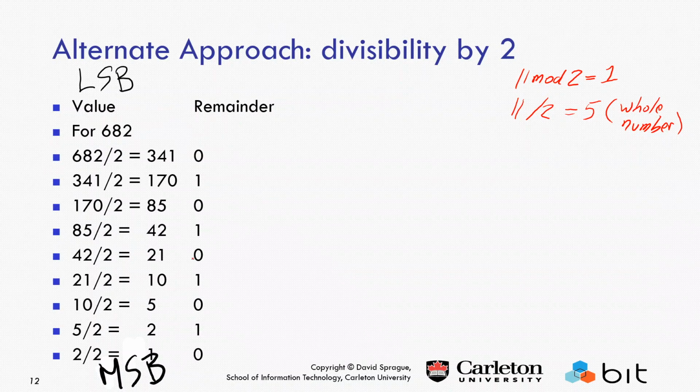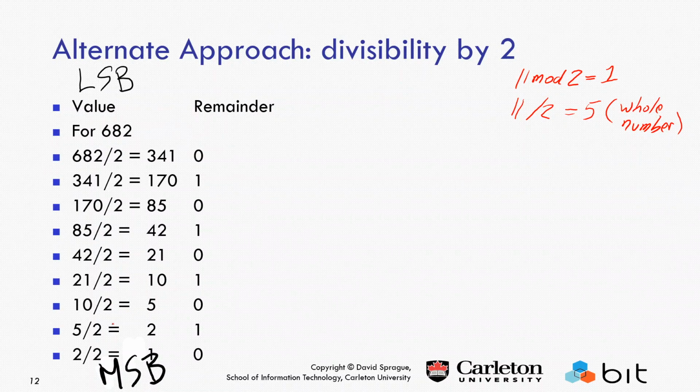21 is an odd number. It's going to give a remainder. 21 divided by 2 gives me 10 with a remainder of 1. 10 plus 10 plus 1 gives me 21. Do it again. 10 divided by 2 gives me 5 with a remainder of 0. 5 divided by 2 gives me 2 with remainder 1, right?